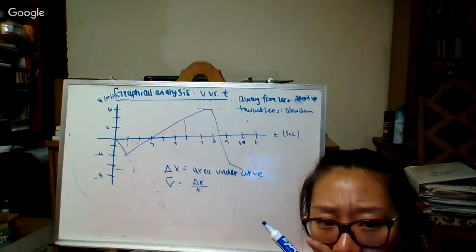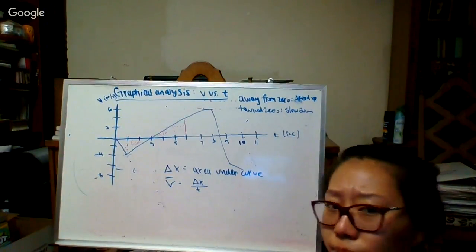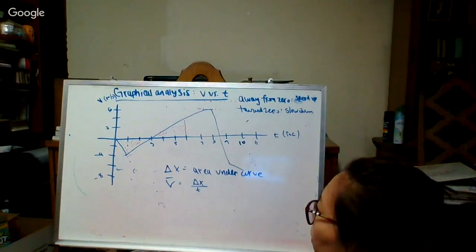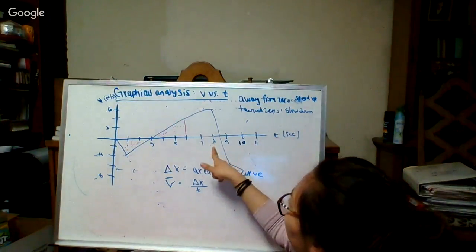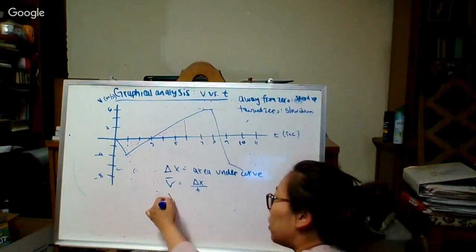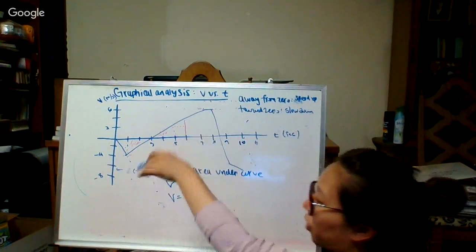And if I was looking at instantaneous velocity, that's really straightforward. If I'm looking at 8, I just look up and see it's 6 meters per second. So instantaneous velocity is just the point that it is.